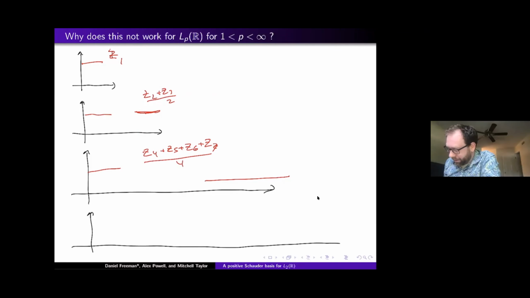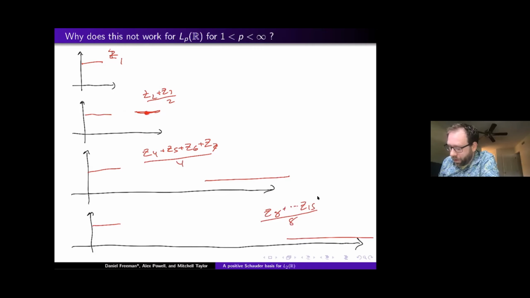But if we go one more level, we do the same thing. And so we average the next Haar vector, so it'll be Z8 through Z15. So in L1, all of these pieces that we've added on add up like little l1. But if p is bigger than 1, all of these extra pieces are now converging weakly to 0.